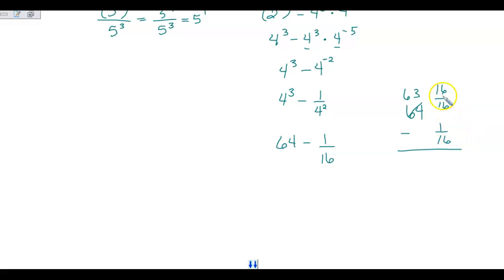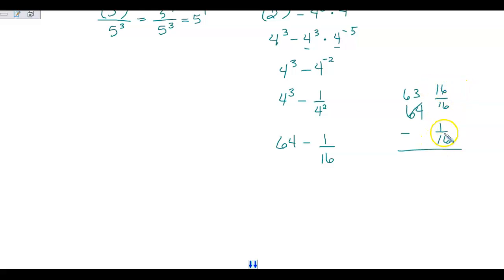The reason I chose 16 over 16 to represent my 1, because 63 plus 1 is 64, it's the same number, just rewritten, is because I already had a denominator of 16 from this exponent. So I chose 16 over 16 to represent my 1 so that I can easily do my math.